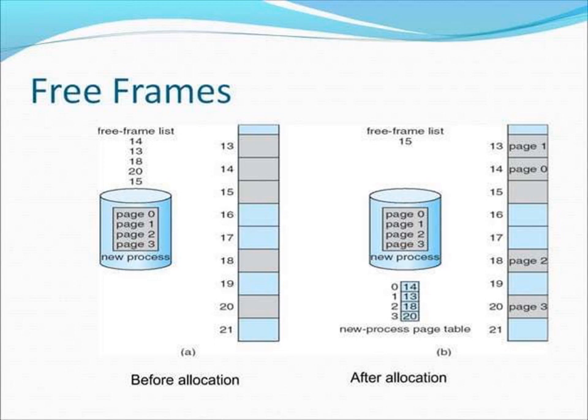Here you can see the free frames: 14, 13, 18, 20 as well as 15. These are the different pages that have to be stored in the free frame list.